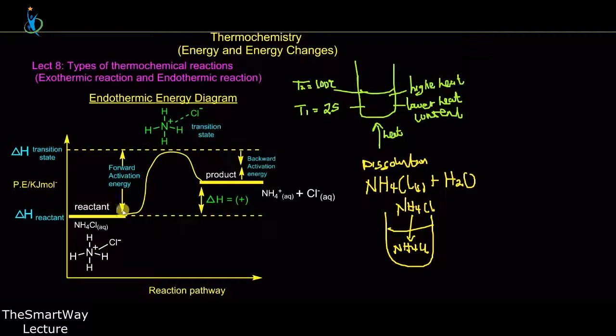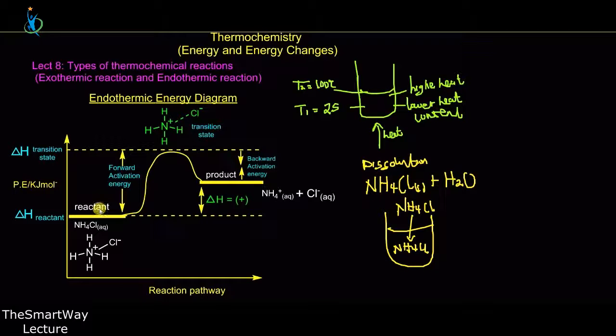For the endothermic reaction, a large amount of energy is used to break the bonds. So when you put the ammonium chloride in water, for it to break down, it has to take more energy from the surrounding. The surrounding will have to fall in temperature, losing energy to the bond breaking process.